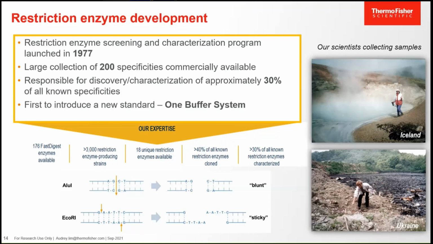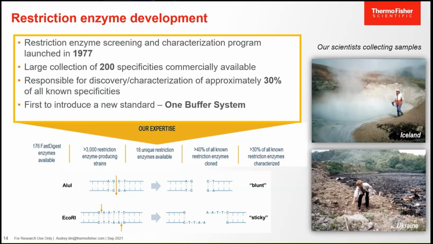From there, they screen for any interesting new and unknown restriction enzyme that they could isolate and use in the lab. In the picture, we have two of our scientists collecting samples in Ukraine and around some hot springs in Ireland. Through this screening program, more than 30% of all restriction enzymes known today were discovered by our scientists.